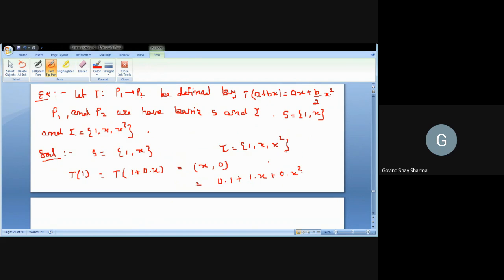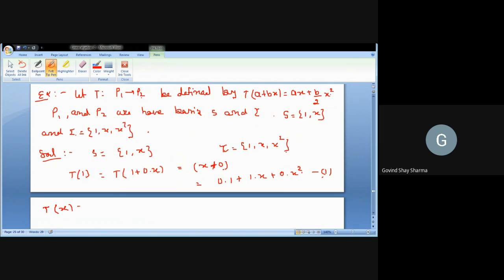So we have to write the solution in the form of 1, x, x^2. So here, x plus 0 x^2 because b is 0 and a is equal to 1. So T(1) is converted to x. This is our first.